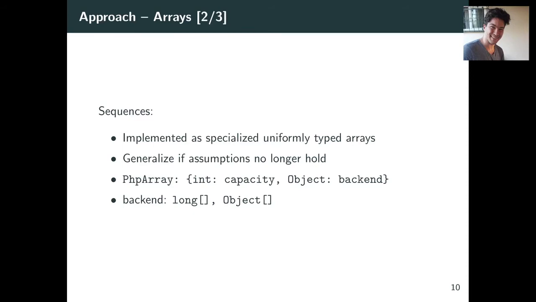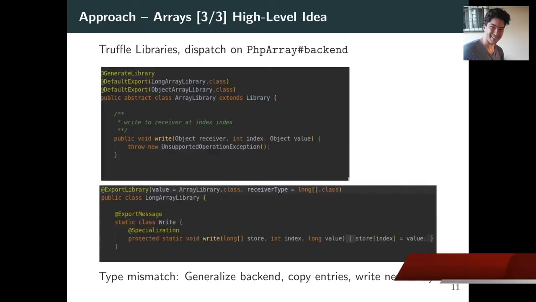In the scope of this presentation, we implemented two storage representations for our sequences. We have primitive long-based arrays and then object array-based backends. And while I can only go into high-level information, I still want to show some code. So we implemented arrays with a Truffle feature called Truffle Libraries. Truffle libraries allow us to have a polymorphic dispatch and caching for our arrays.